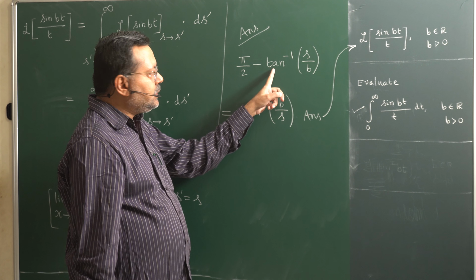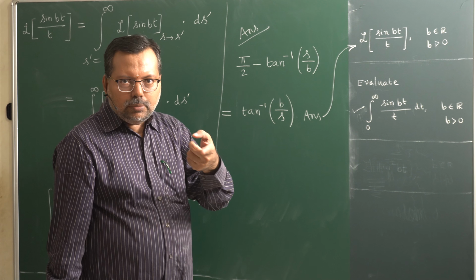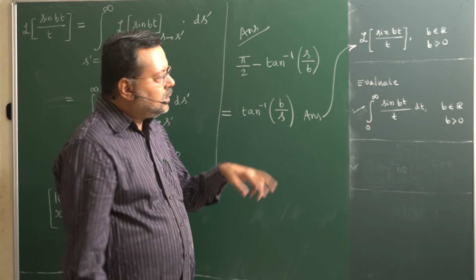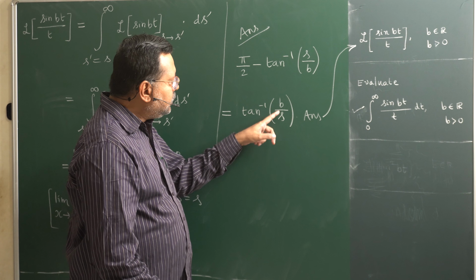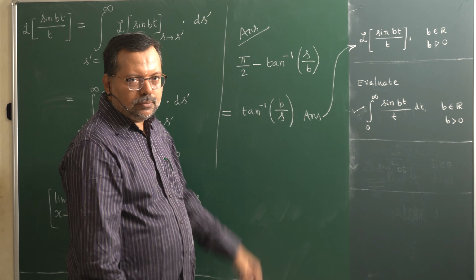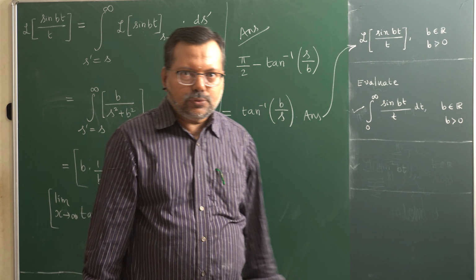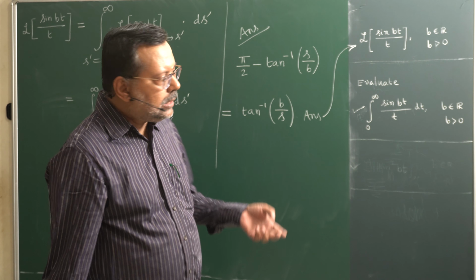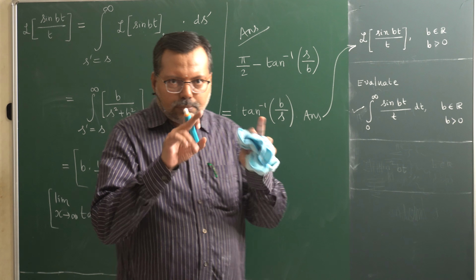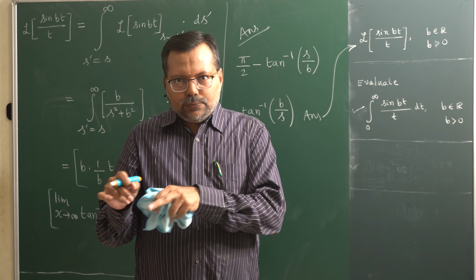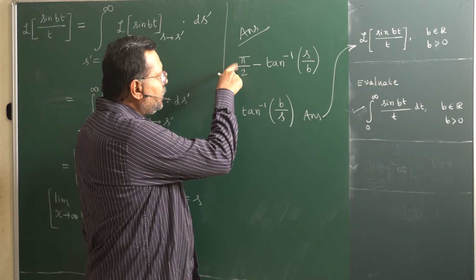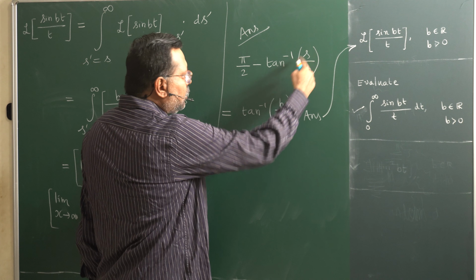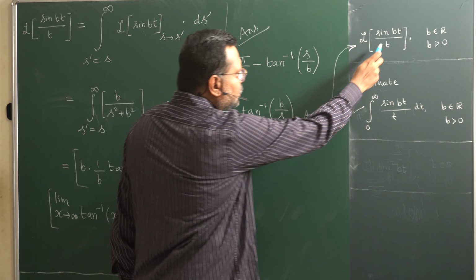So this will be converted to cot, and when you again convert cot to tan, it is flipped. These are the two steps I am not writing. Basically, tan inverse of something plus cot inverse of the same argument is equal to pi by 2, so this got flipped, and this is the answer to this question.